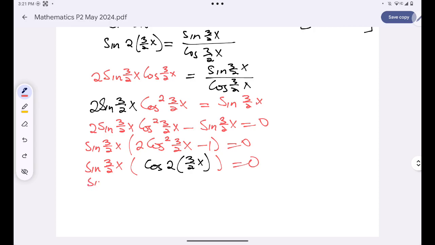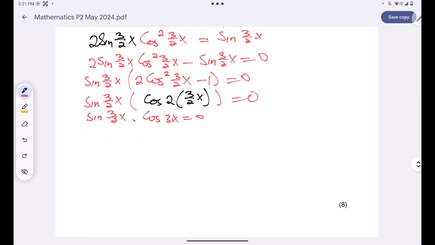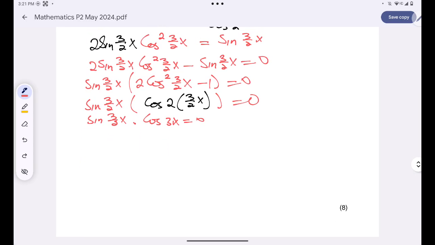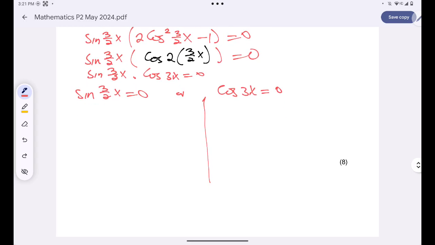So I'll simply have sine 3 over 2x multiplied by cos 3x is equal to 0. And then now I'm supposed to solve for x. I have two things multiplied and the answer is 0. I can simply say the first thing is 0, or the second one is 0. Okay, I'll treat these two things differently.